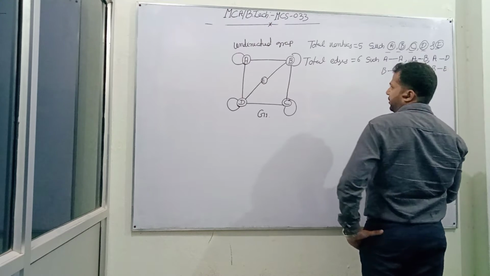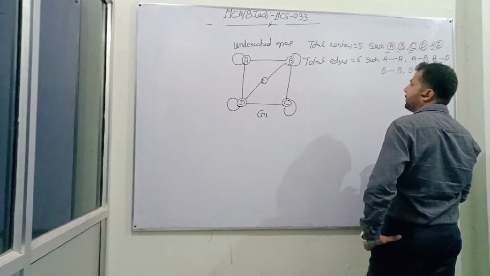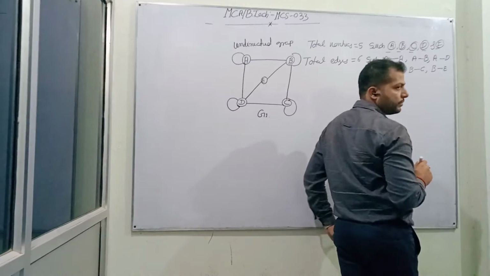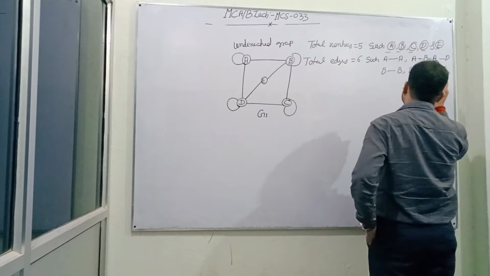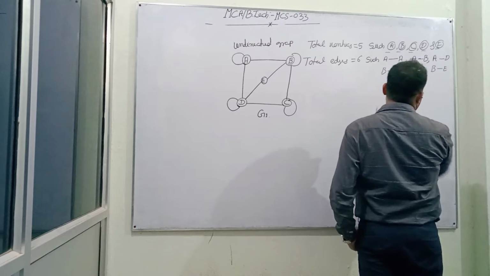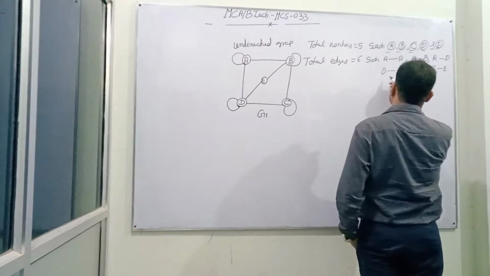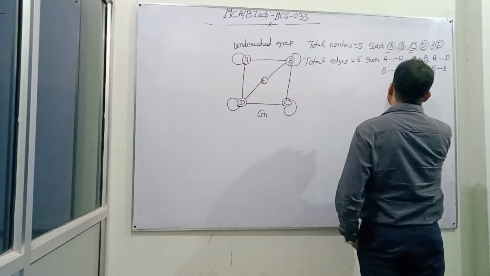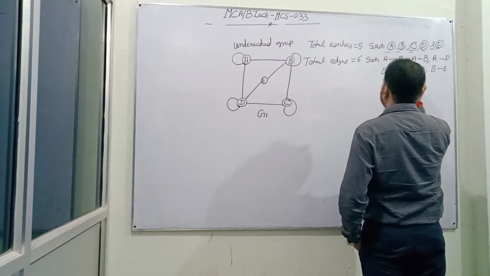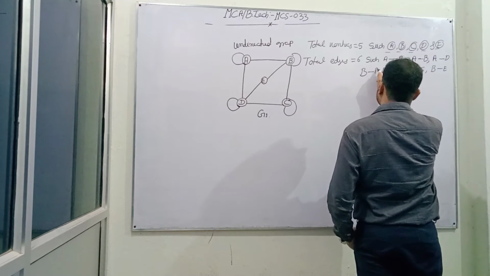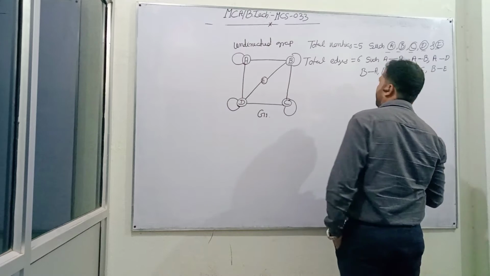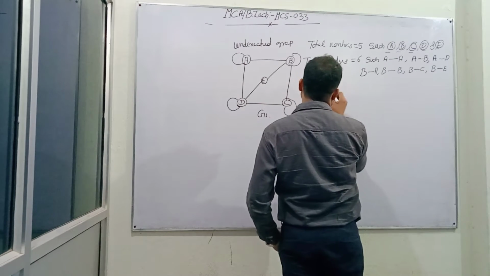So here you will see A to A, A to B. They can also go on the A, B to A. Yes, absolutely they will go. I am asking to confirm with you. B to B first, then B to C, B to E and B to A. Absolutely, because this is undirected.